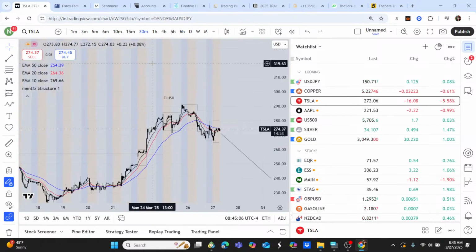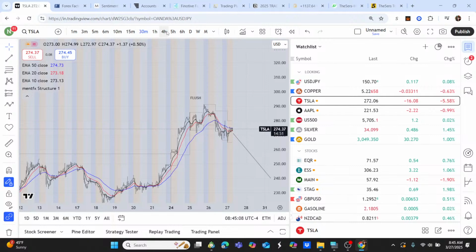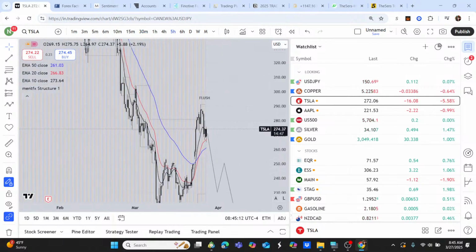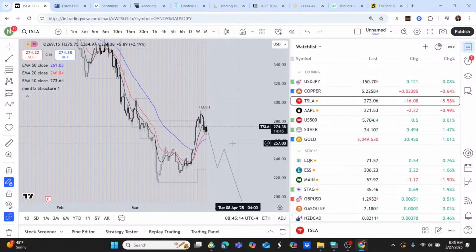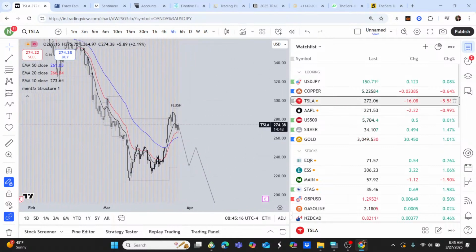You know, on a 5 hour, the context time frame is showing us bearish. So the time frames aren't aligning for Tesla. So the best one so far is USD JPY.